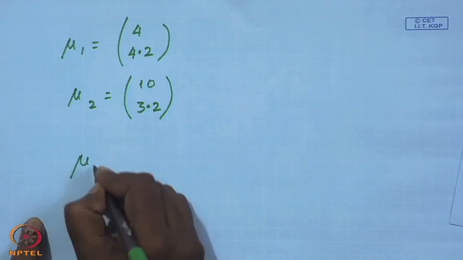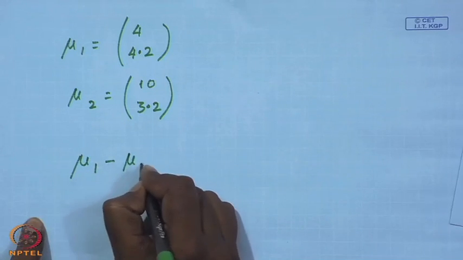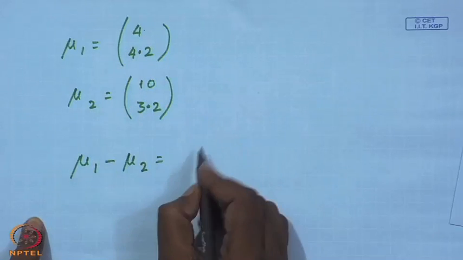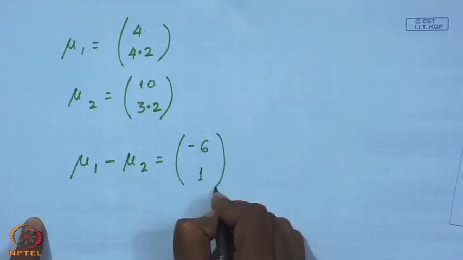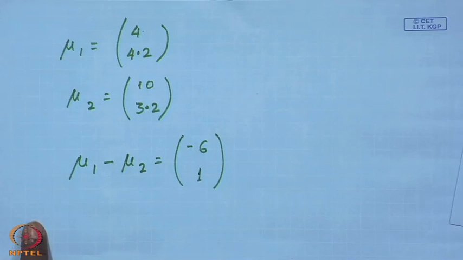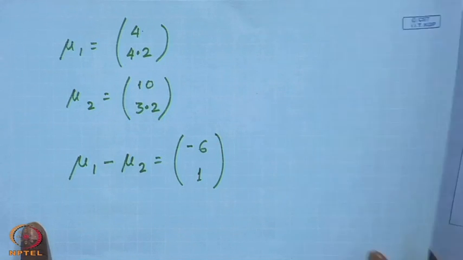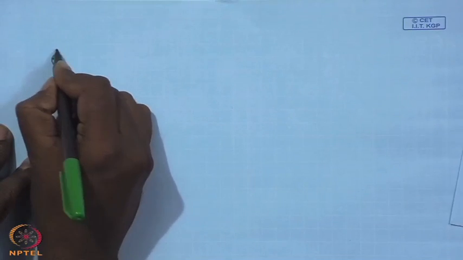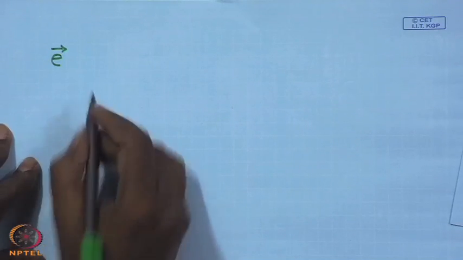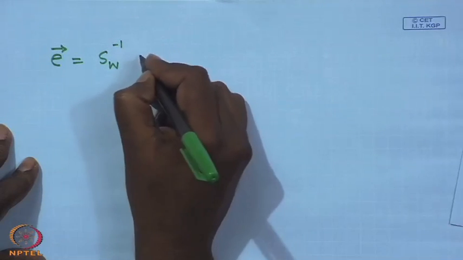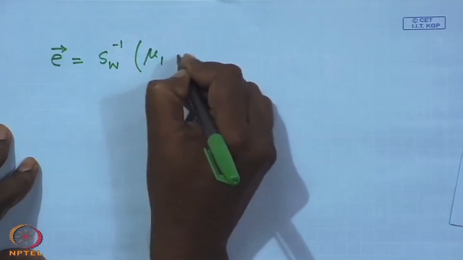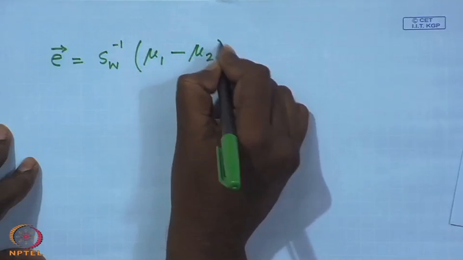So I can easily find that mu 1 minus mu 2 is this minus this, that is minus 6, and this minus this, which is equal to 1. Once I have this, the projection direction, if I write it as a vector, is simply SW inverse into mu 1 minus mu 2, that is the direction of projection.